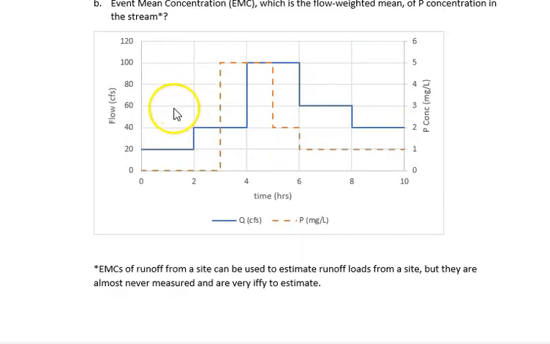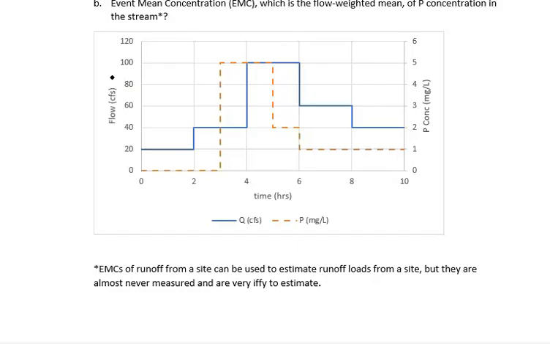But so what we need to do is figure out, time step by time step, how much flow comes in, how much volume of water, and how much mass of phosphorus.